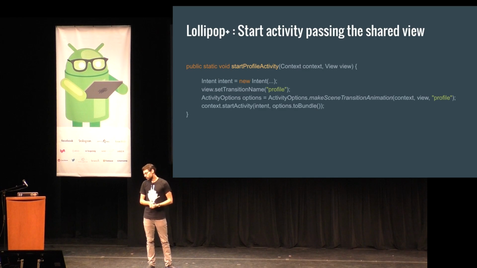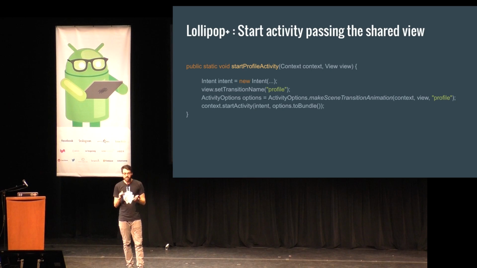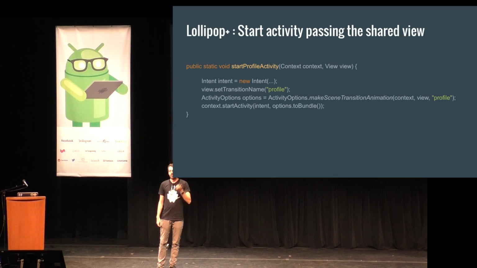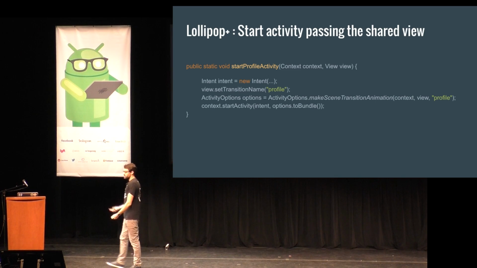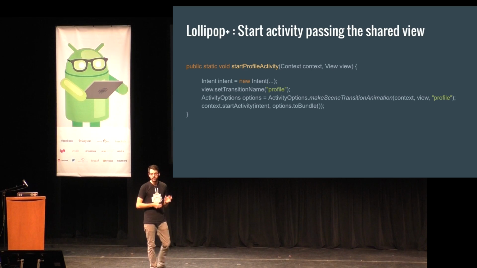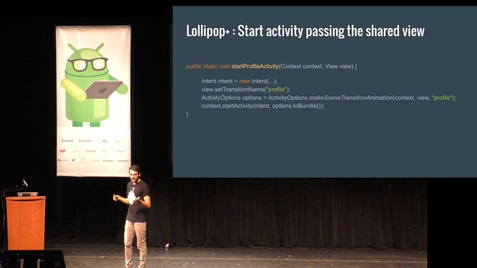And you have to pass a special bundle to that start activity, which is part of the new API. So this is only on Lollipop and above. And that bundle just takes the view from the first activity that's going to be the origin point of the transition, and an arbitrary tag that's just a string.